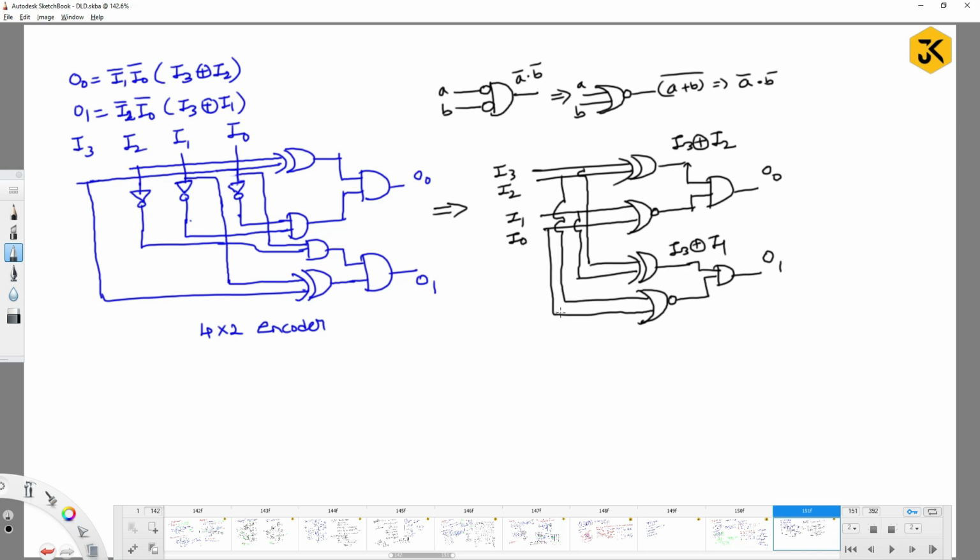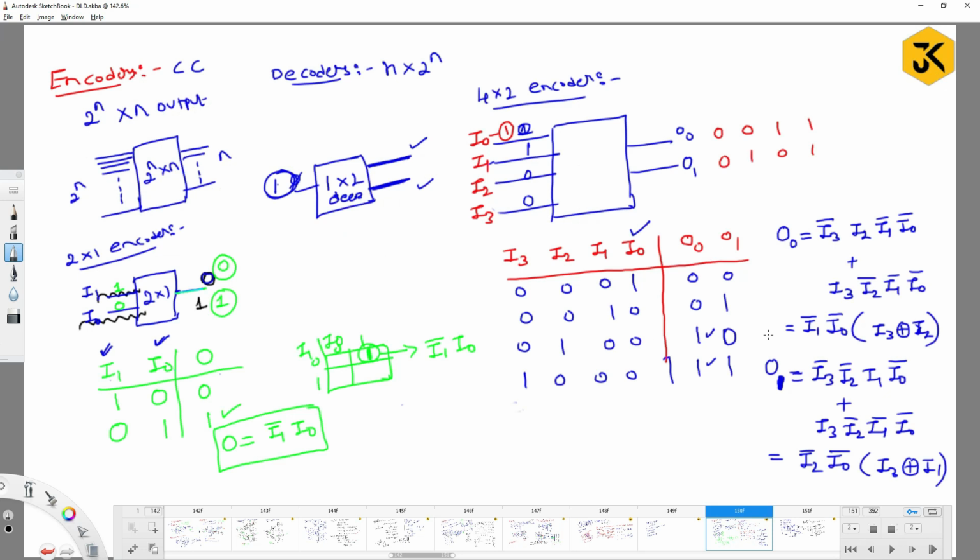Okay, now, fine. So instead of taking this much complexity, I will try to simplify it in another form. Observe the value of O0: the Boolean equation of O0 is simply I2 or I3.